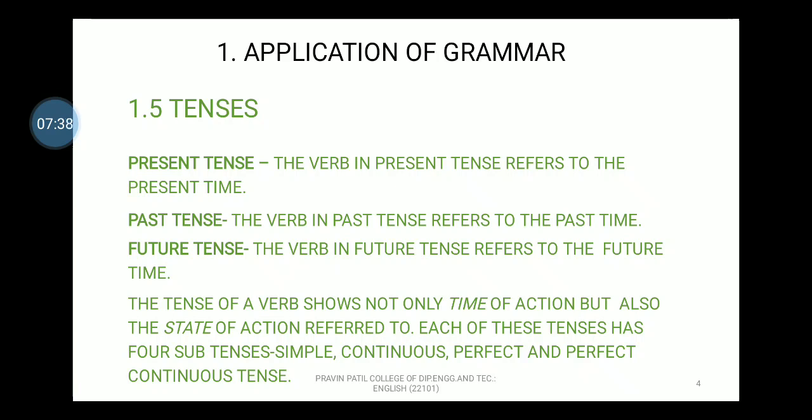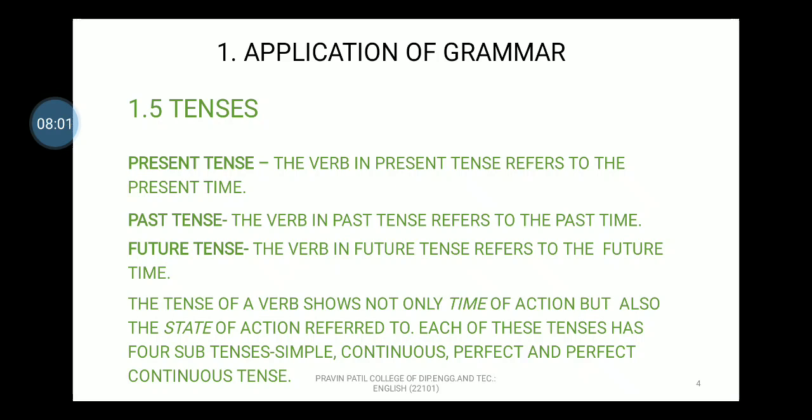Have you got it? The verb is a very important part of the sentence. It is called the mother of the sentence. The verb refers to time, manner, and action also. So here are 3 times, but these 3 times indicate the manner of action too.